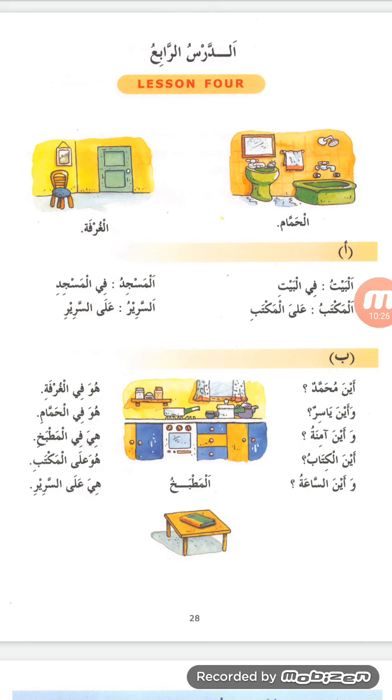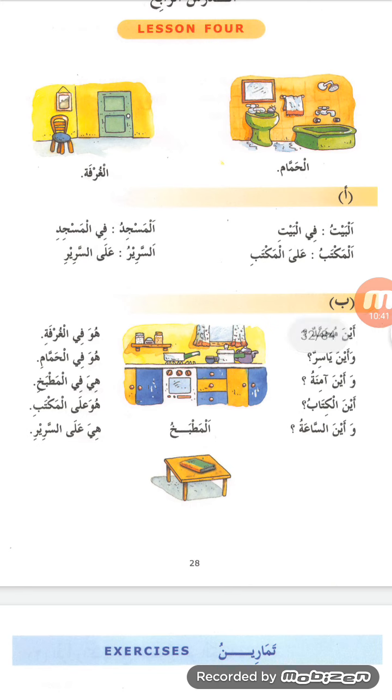And when we pronounce this, if we do waqf on this ta, it changes into a ha. So wa aina as-sa'ah, where is the watch? And to answer we will say hiya, it is. The pronoun used is hiya. Why? Because as-sa'ah is singular, feminine. Hiya ala sariri, it is on the bed.